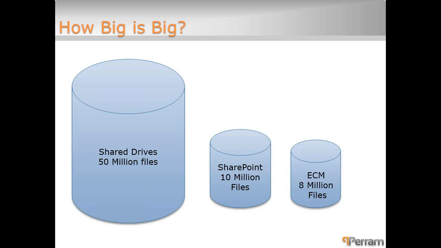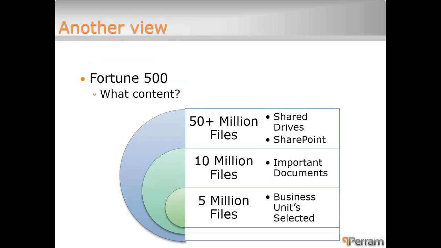The rest is in shared drives and potentially some other places. So whether you are a Fortune 500 company with hundreds of millions of files or potentially smaller, some of these ratios may make sense to you still. But this is kind of as it averages out what people are up against.